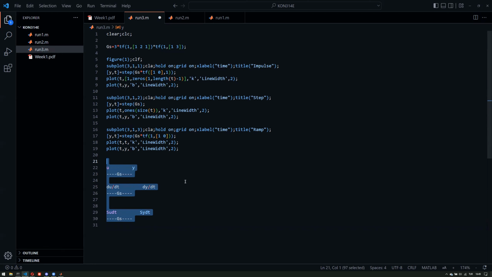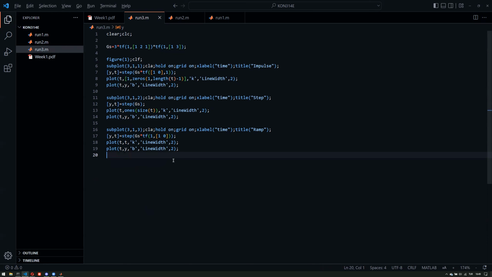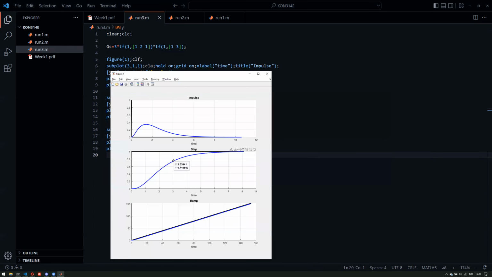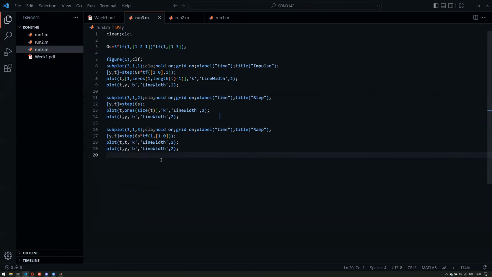Of course, this is just to demonstrate to you that LTI systems have interesting properties, and sometimes we can exploit them like this, and we can just use the same step function over and over again in order to generate this impulse, step, and ramp response. And we can also use parabolic, if you add one more.